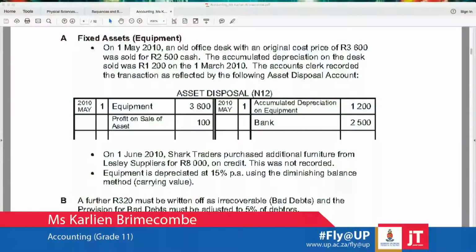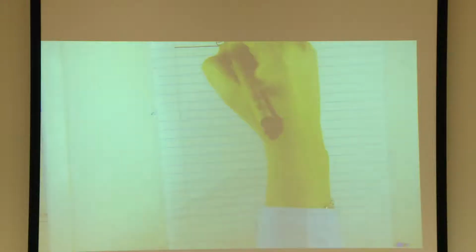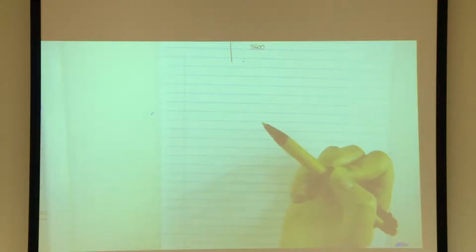They have taken out the cost to the asset disposal account, which means in equipment, they've already done the 3,600. So that balance from the pre-adjustment trial balance, is this before or after the 3,600? After, because I've already done that.